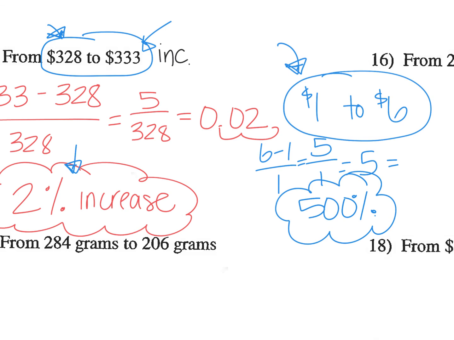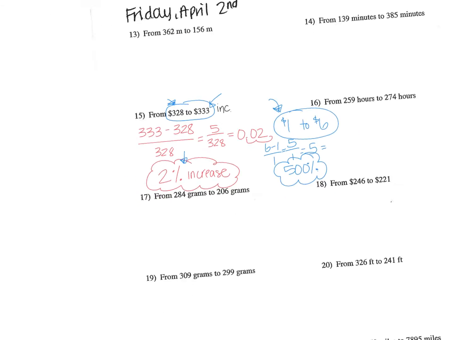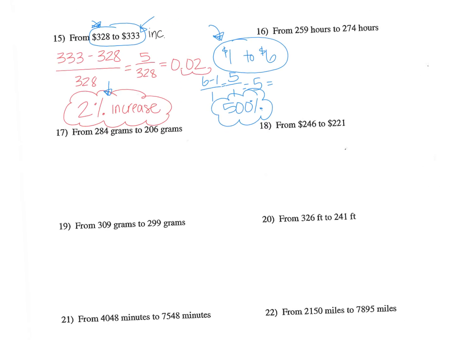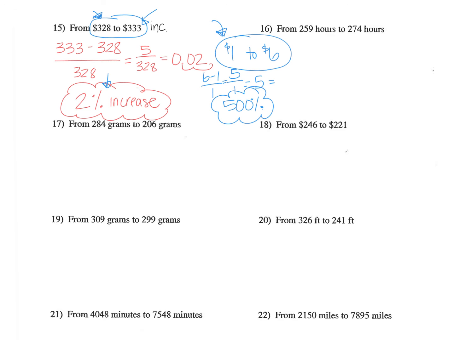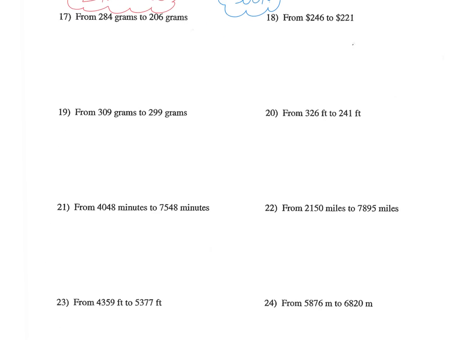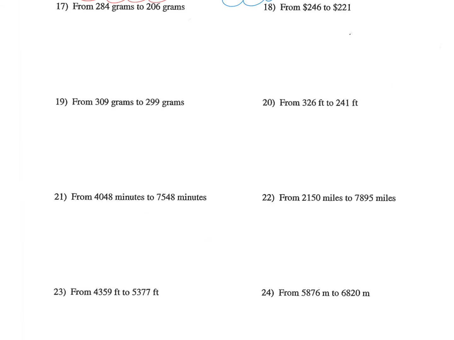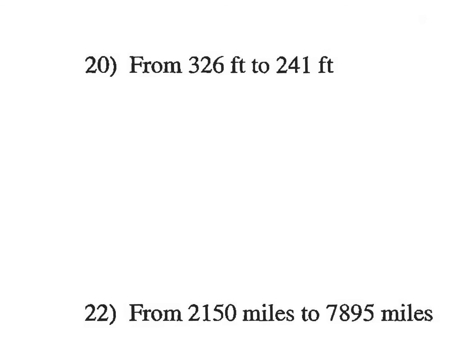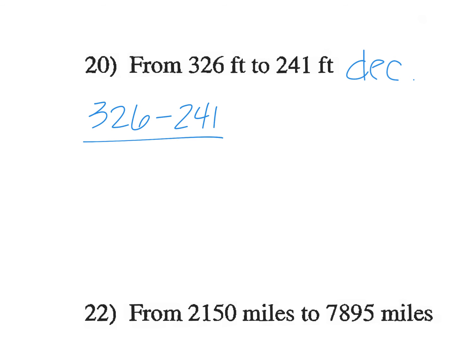All right, we're going to do one more, and then you will be on your own to finish both sides of the worksheet. So let's go down to number 20. So from 326 feet to 241 feet, I can see that this is a decrease. So we have 326 minus 241 over the original, which is 326.